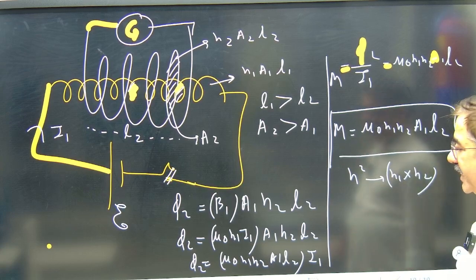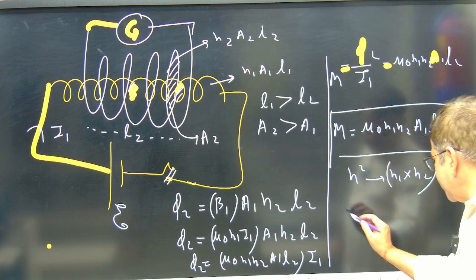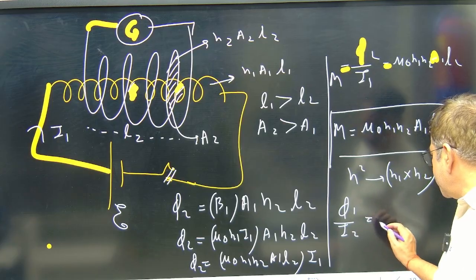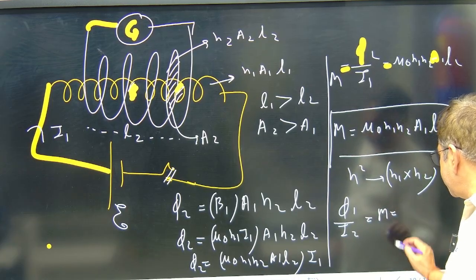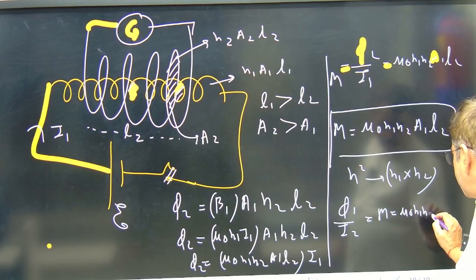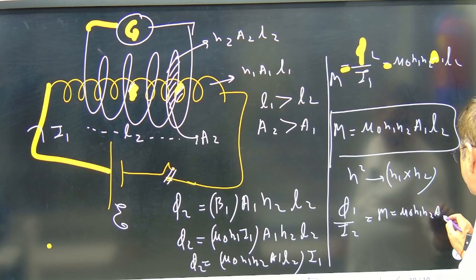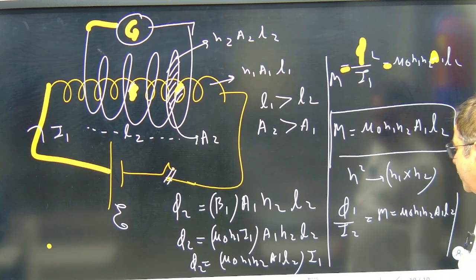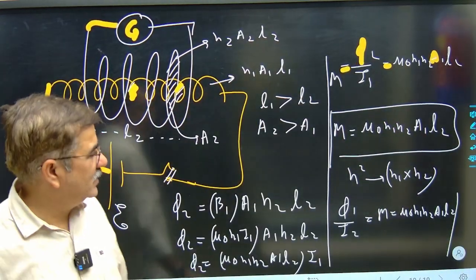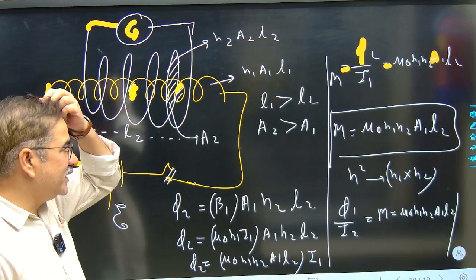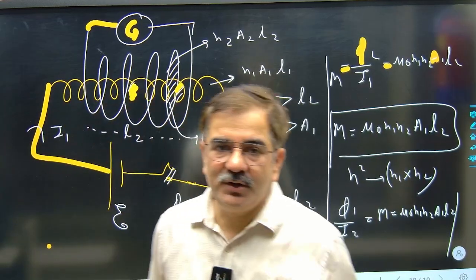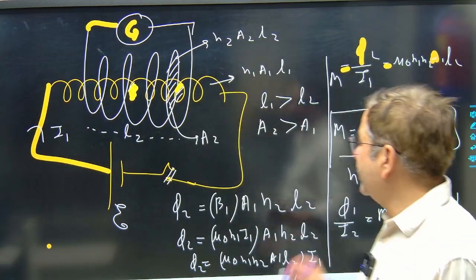If I reverse the pattern, phi 1 over I2, the value of mutual inductance remains the same, again mu naught N1 N2 A1 L2. Whether we find it from the flux with the second coil or the first coil, the mutual inductance is the same, and its unit is also the same. The unit of mutual inductance is again called Henry.